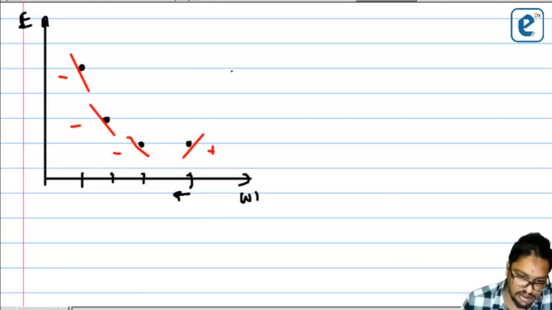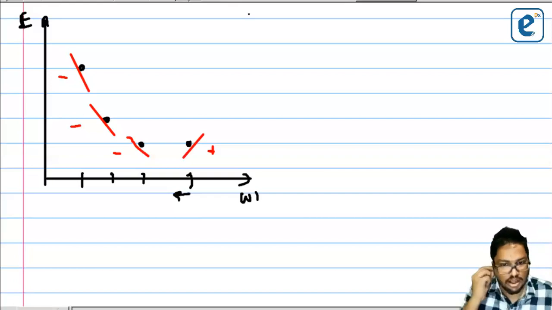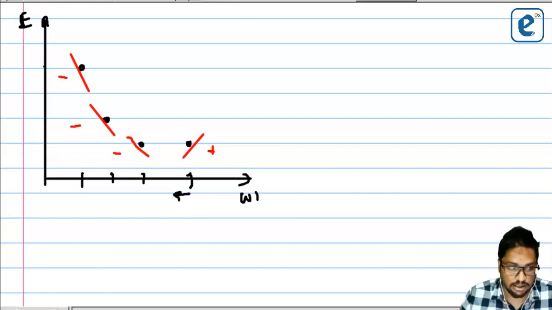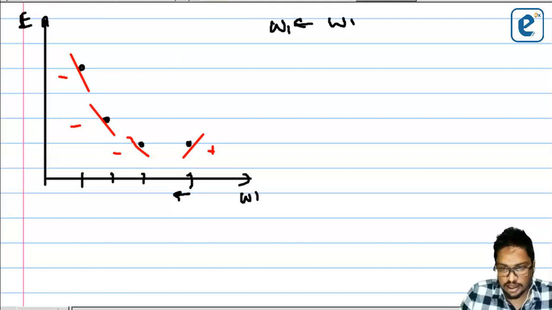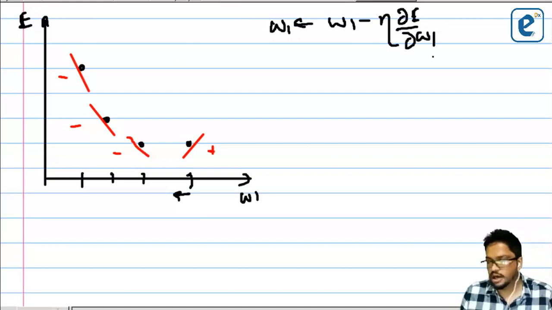That means we know this. The error, the weight adjustment will be like this, right? Understood, right?